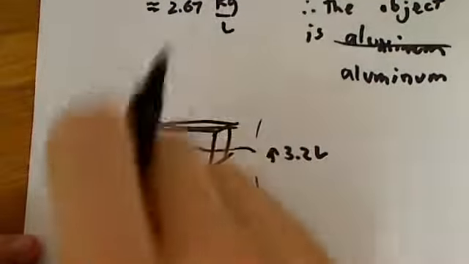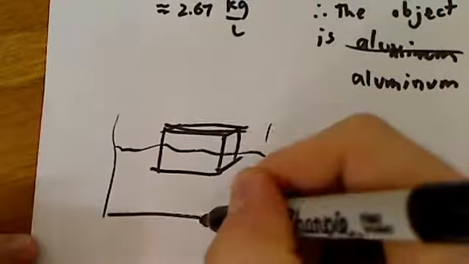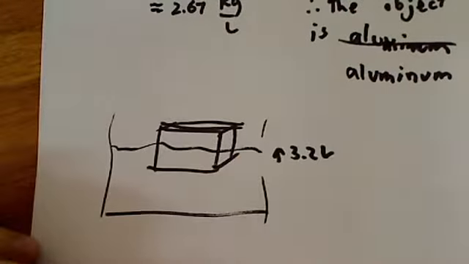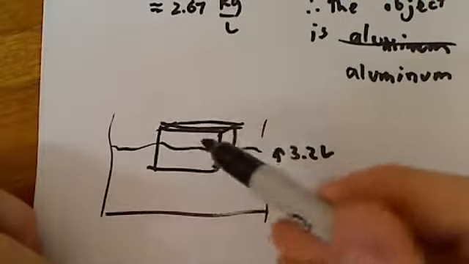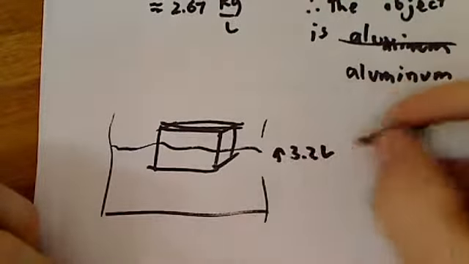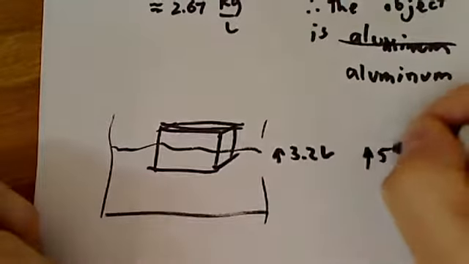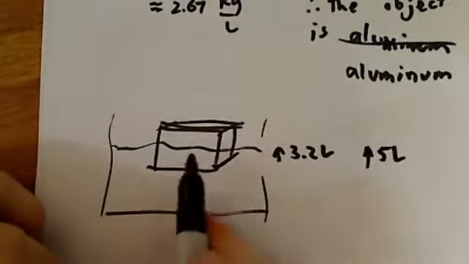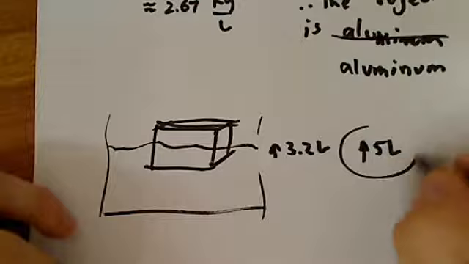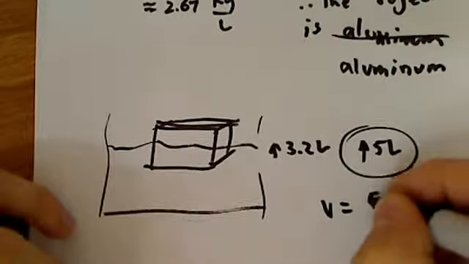Now when you take this entire box and push it down into the water, it says it displaces 5 liters. So if we take this box and push it all the way under the water, this goes up 5 liters. So I can say that the volume of this box must be 5 liters.